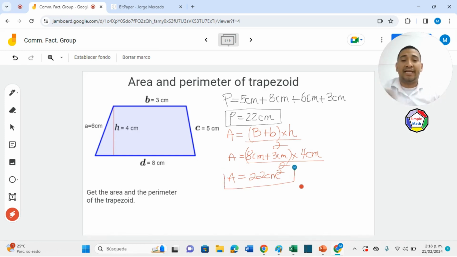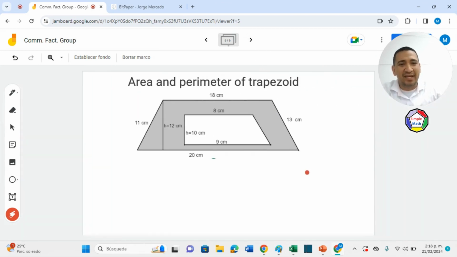All right, now I'm going to explain a concept that is called shaded area. What is the shaded area? For example, imagine that you have a big cake. And imagine that you cut a piece from the cake, which is this piece.